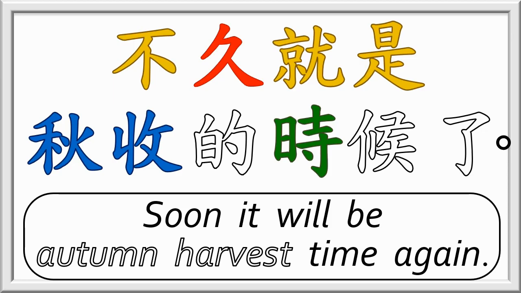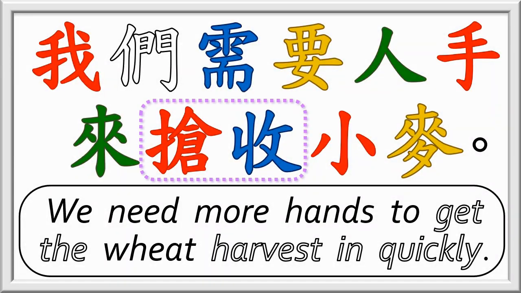Soon it will be autumn harvest time again. 抢收 refers to farmers scrambling to get their crops in before a devastating weather event, such as a typhoon. 我们需要人手来抢收小麦. We need more hands to get the wheat harvest in quickly.